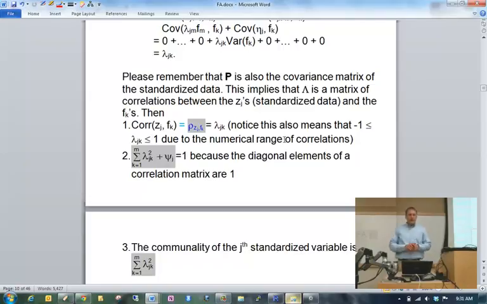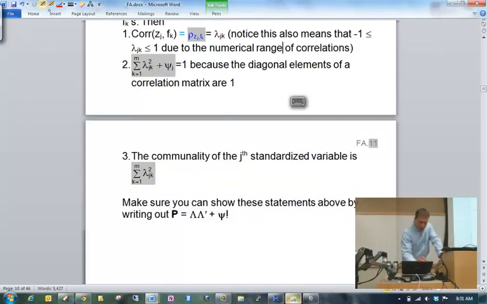Now, what if instead of working with x's, or x tildes even, I work with the z's? What happens to our factor analysis equations? Well, now instead of having a sigma out in front, you can instead put a rho there, your correlation matrix. And again, the diagonal of the correlation matrix is always 1s.